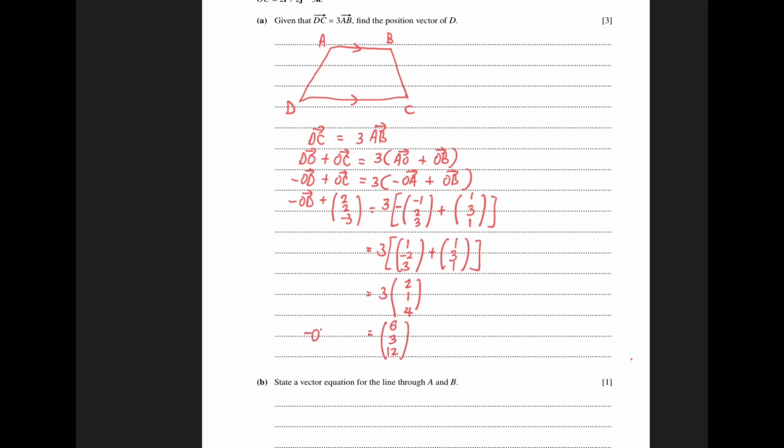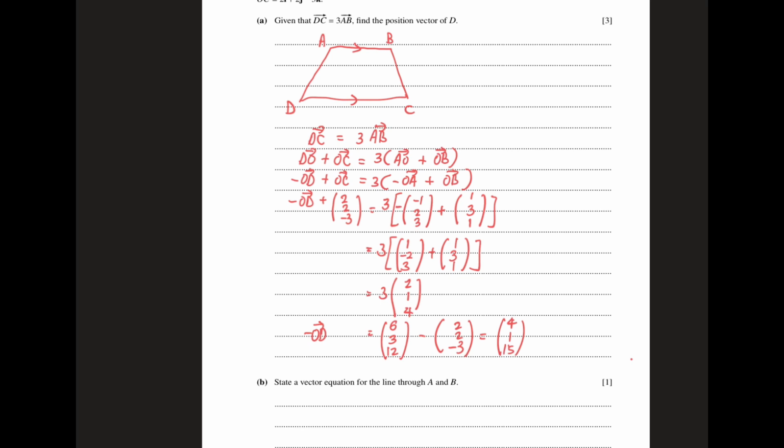Okay, this is minus OD. Imagine this 2, 2, minus 3 I bring to the left. Then I will get 4, 1, 12 minus 3 is 15.